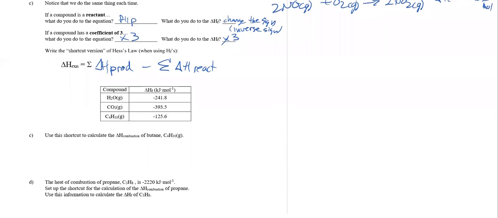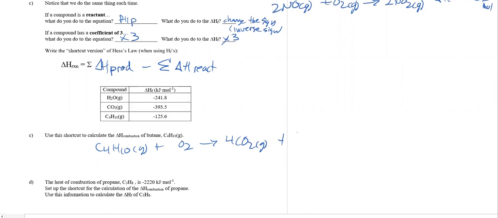So looking at our butane, we can see that this is C4H10 gas plus some amount of O2 is going to make 4 CO2s as a gas plus 5 H2Os as a gas. And so this ends up being 4 plus another 2.5, so 6.5 or 13 over 2. And so we have our heats of formation.